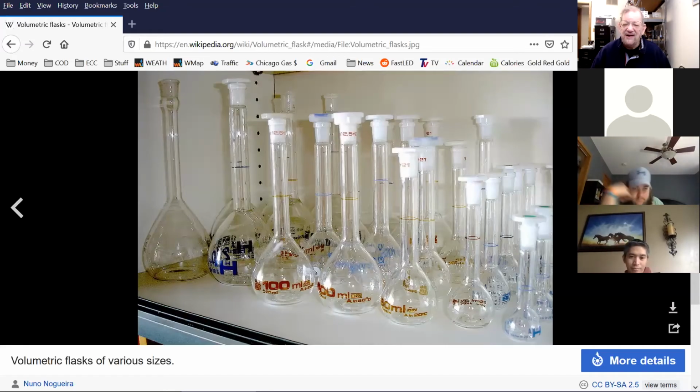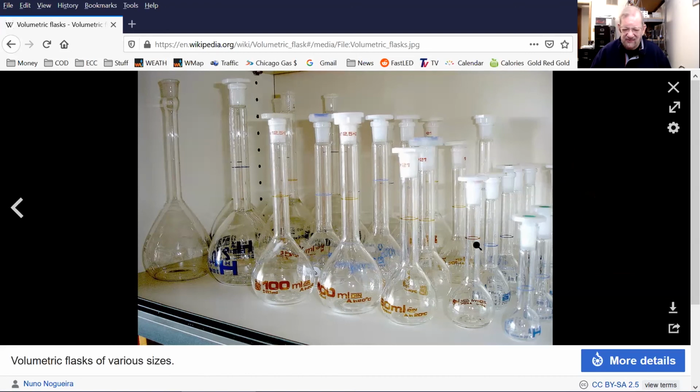Thank you. These are volumetric flasks. If you look here, there's a line on the neck. If you notice here, this is a 100, this is a 50, and these are smaller. These are probably 1 liter right here. These could be 500, yeah, 500.